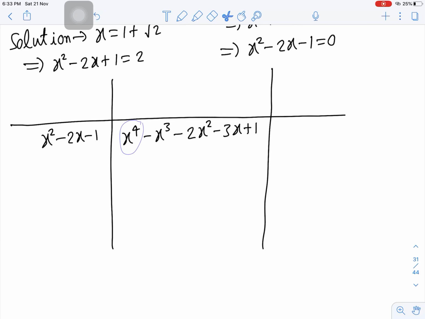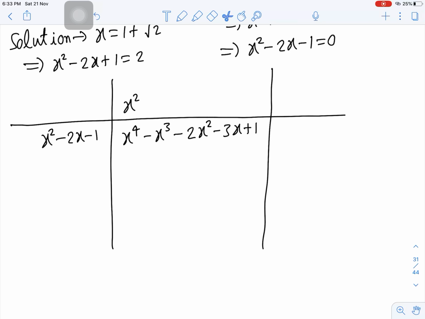So you will take the highest power of the dividend, that is nothing but x to power 4, and the highest power of the divisor, x square. When you divide x to power 4 by x square, you will get x square. So first of all you will put this x square in the quotient part here.